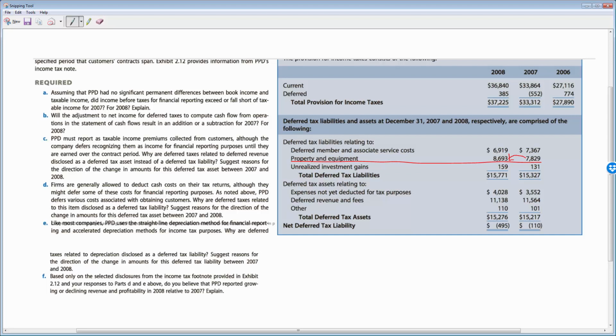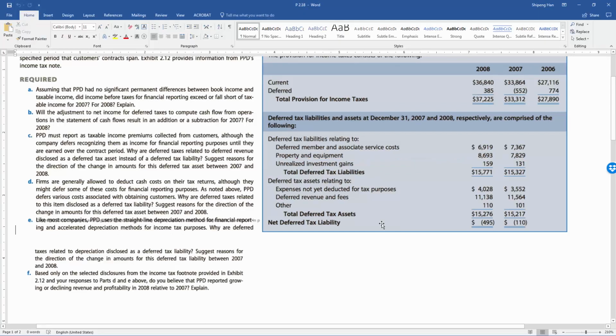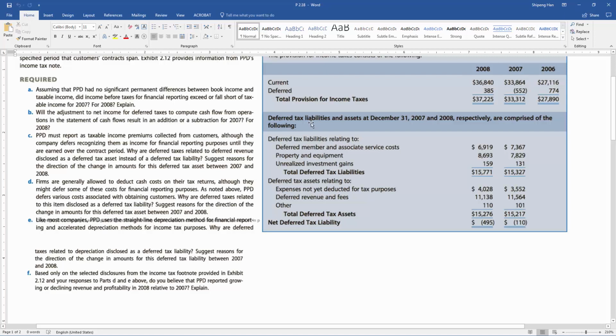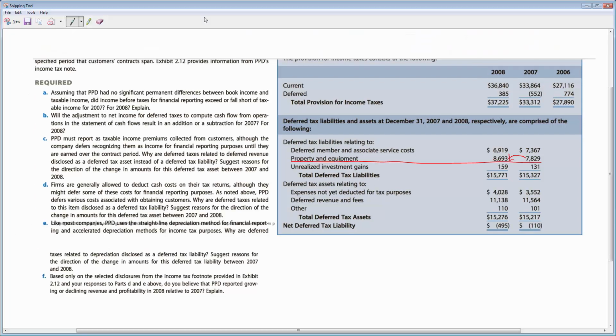So this will cause the tax deductions to be greater than the financial expense. It's similar to the property, plant, and equipment example. Again, it will generate deferred tax liabilities. That's why we also find deferred member associated service cost in the deferred tax liability part.